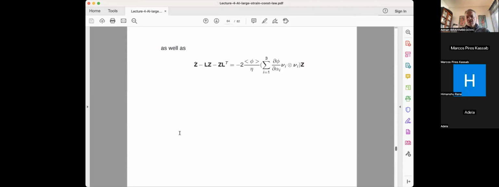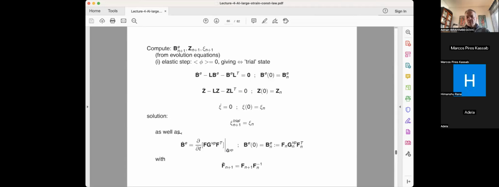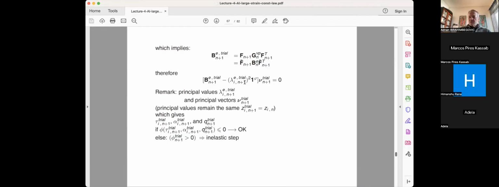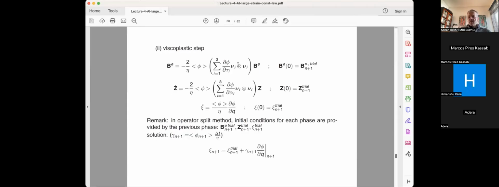You take into account changing from one configuration to another by using this type of transformation with the relative deformation gradient or the total deformation gradient, whichever way you want to do it. And then you compute the new principal directions. Once you've done it, you have your deformed configuration set, and you're simply updating the corresponding measures of the plasticity, which happen to be stored in this BE and Z and Xi. So that looks pretty much like what you got in the small deformation setting.